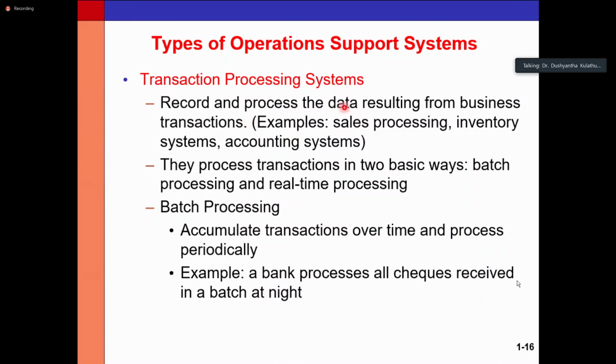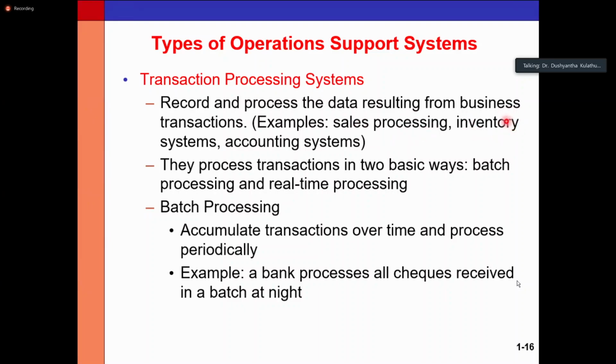They record and process data resulting from business transactions. There can be different types of transactions taking place within the organization in different areas, units, or functions, and they are performed by transaction processing systems. Inside the sales department, there can be sales processing systems running.